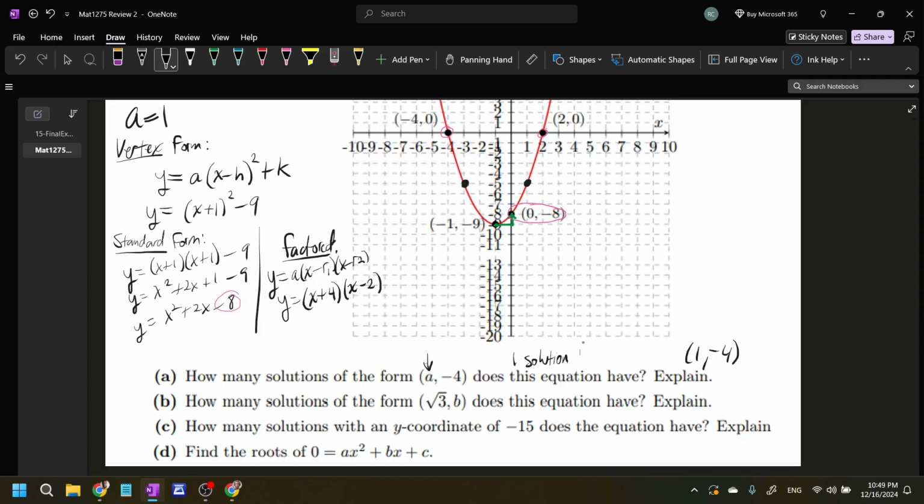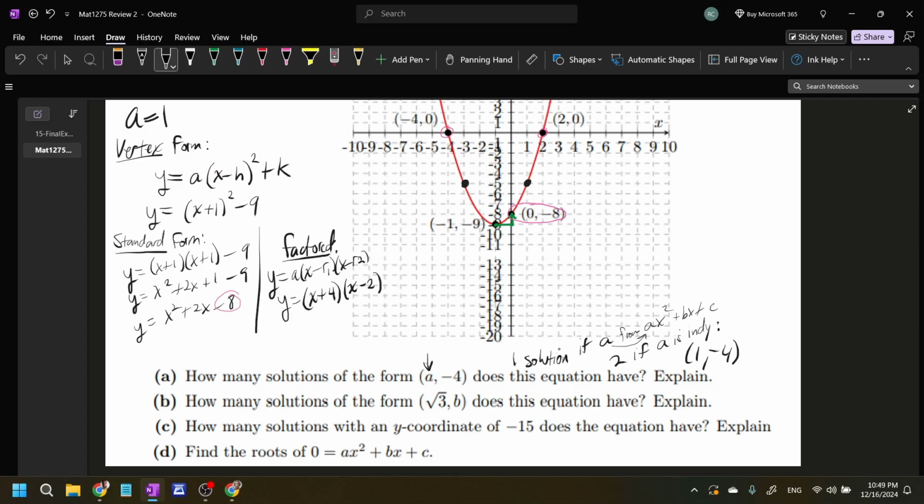So one solution, if a is the a from ax squared plus bx plus c. If this a comes from this a, then there's only one solution. This will have two solutions if a is independent.